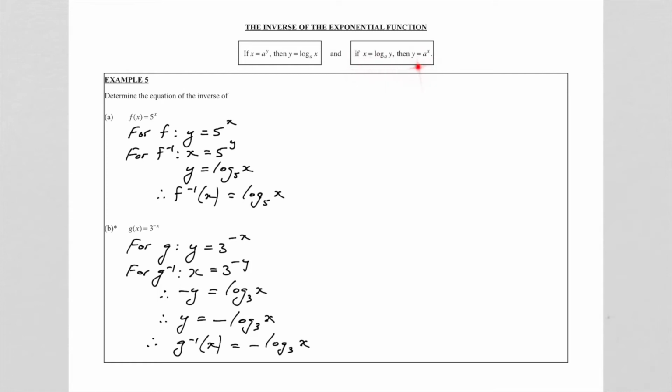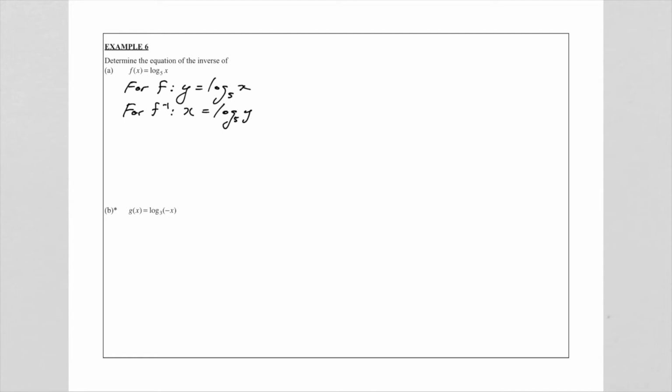You will remember that in example 5, we used this one, when we found the inverse of the exponential that gave us a log. Now we have a log function and the inverse will be exponential. So we can do that.